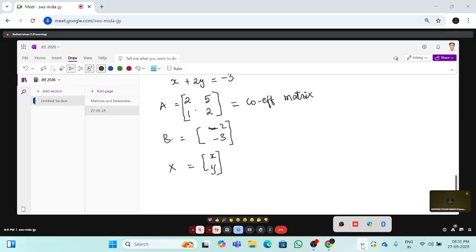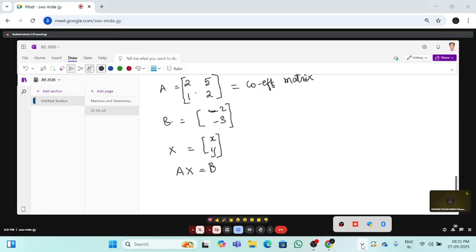Now the given set of equations can be represented as AX equal to B, because if you multiply AX, it's going to give 2x plus 5y, and that is equal to B, that means equal to minus 2. This is a mathematical way in which you can write it.